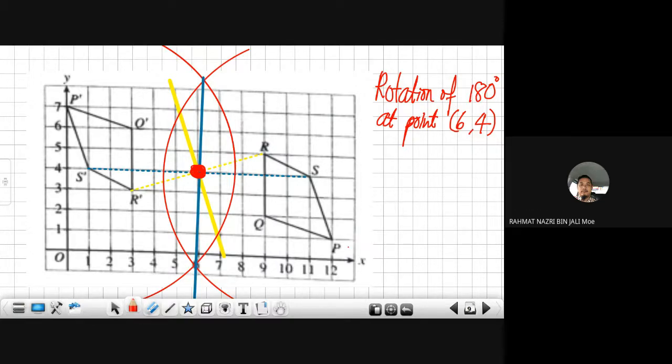So far okay. So a rotation of 180 at 6, 4 for question number 3. Question number 2, page 109.